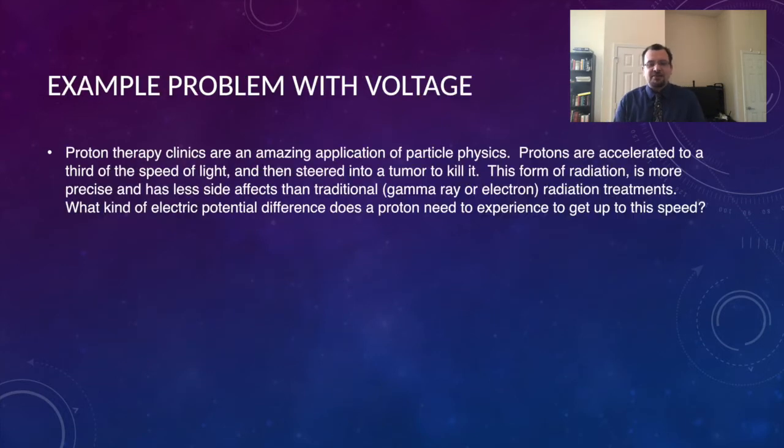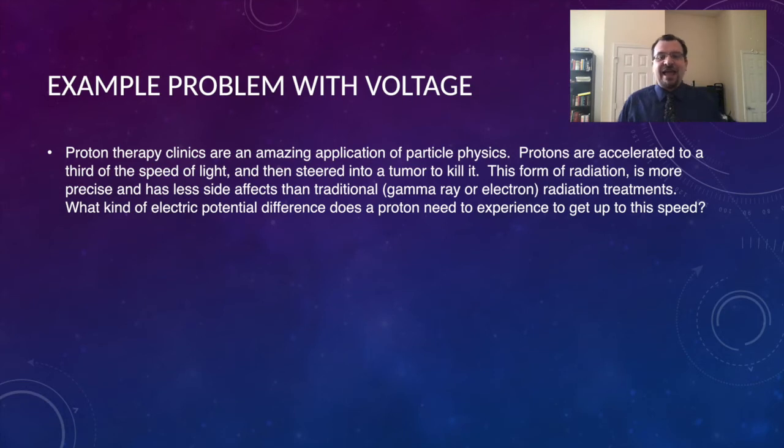So proton therapy clinics are absolutely amazing applications of particle physics. Protons are accelerated to about a third of the speed of light and then steered using magnets into a tumor in order to help kill it. This form of radiation is a lot more precise because you can aim in 3 dimensions, so you can aim for depth too.